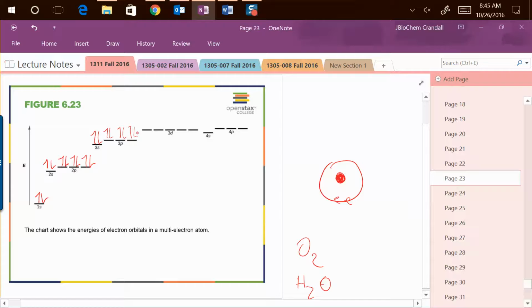And then I go to the 4s because it's the next lowest energy requirement. So I will not fill the 3d yet because the 4s is lower in energy. It requires less energy to put an electron in the 4s than it does to put an electron in the 3d. So the first D on our periodic table is scandium.